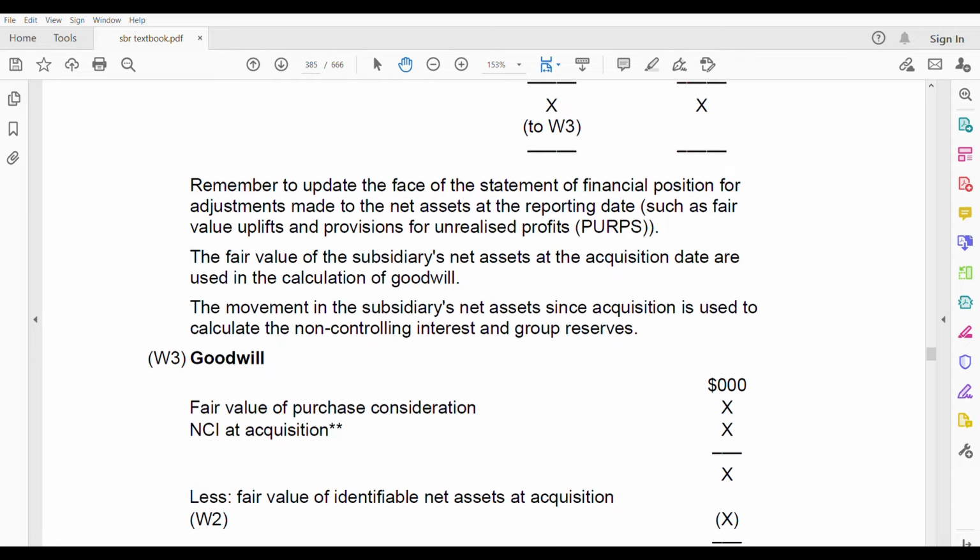And the other thing, the movement in the subsidiary's net assets, that means from this amount to this amount, the difference will also go to calculate NCI. Group reserves, retained earnings, and the other one is NCI. For both it will go.